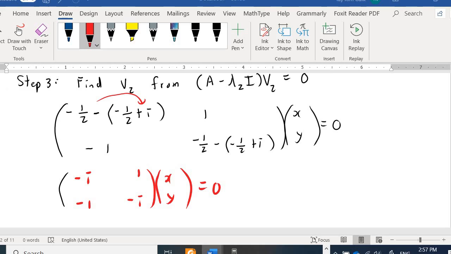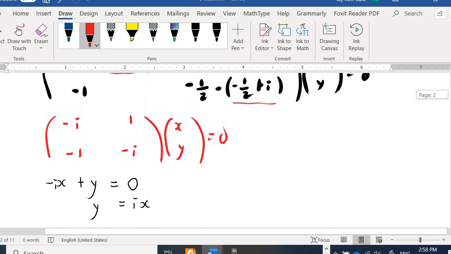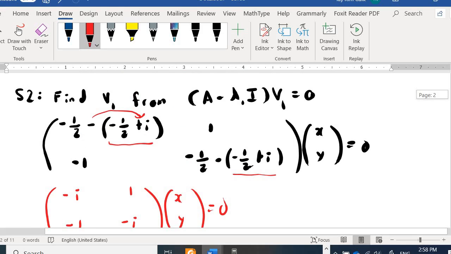Doctor, was it supposed to be positive? Yes. Lambda 2 is negative half plus i, right? Let's check it with this one. Minus i. Oh, minus i, sorry.